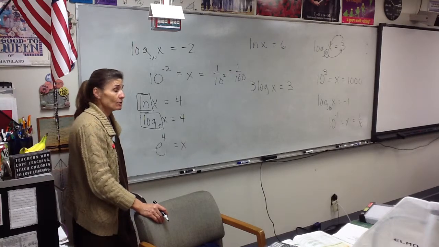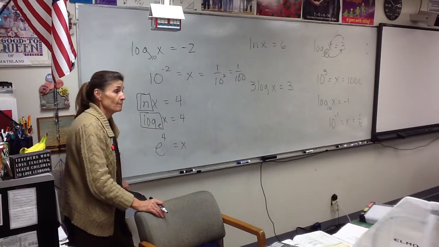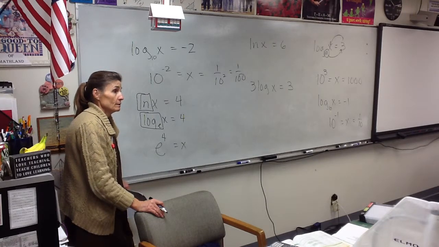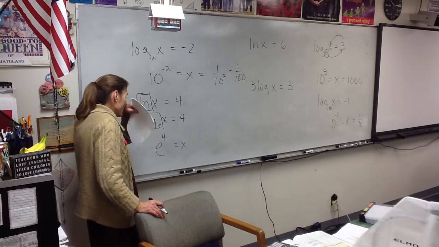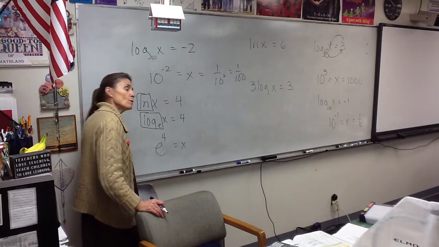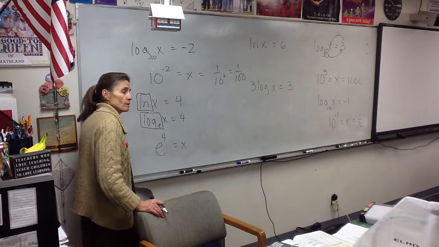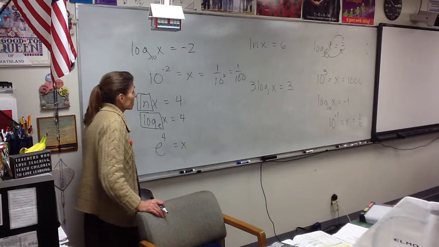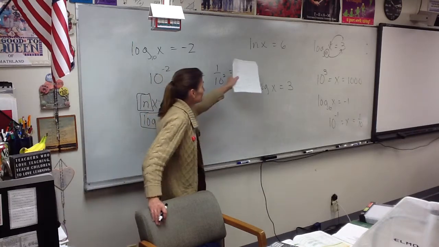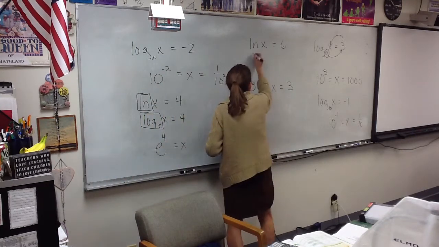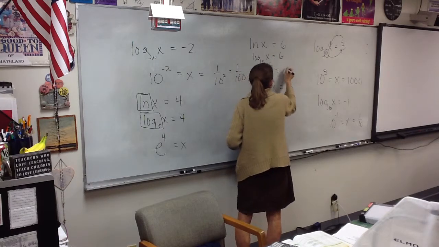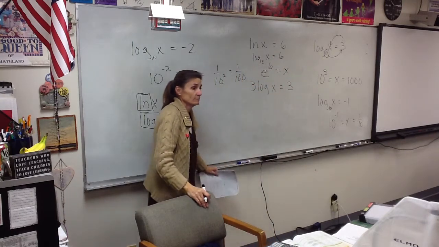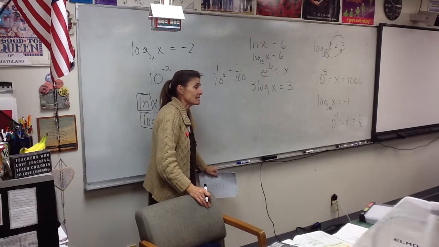And the answer is just e to the 4th. Now, we could get a decimal for that on our calculator, but we're not going to. We're just going to leave it e to the 4th. How about this one? This is log base e, so e to the 6th equals x, and that's your answer. It is that easy.